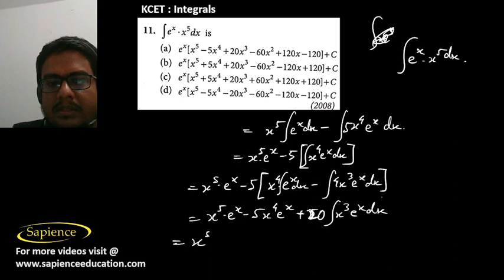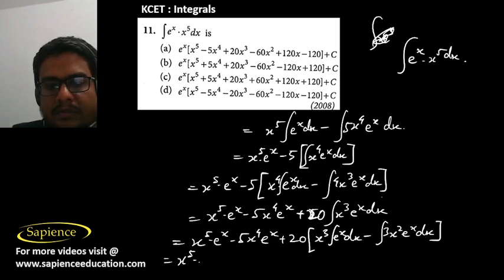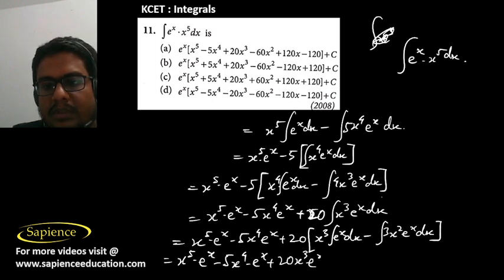So this will be again x power 5 into e power x minus 5x power 4 into e power x plus 20 into integral x cube, that is x cube into integral e power x dx minus d by dx of x cube 3x square into e power x dx. So this will be equal to x power 5 into e power x minus 5x power 4 into e power x plus 20x cube into e power x, then minus 3 into 20, so 60 integral x square e power x dx.